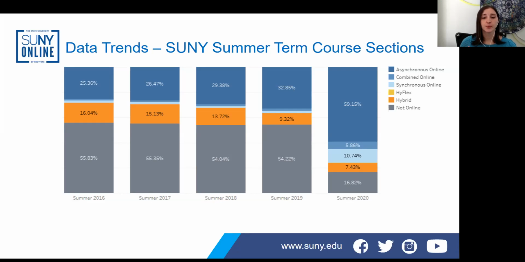Okay, so I think you're probably right. I think you're probably spot on with that observation. I think the combined online term still has some confusion surrounding it, and it probably wasn't used as much. So when I say I think the data is pretty accurate, I think that taking those three chunks of online types and combining them to say this is the percentage of online is probably pretty accurate.